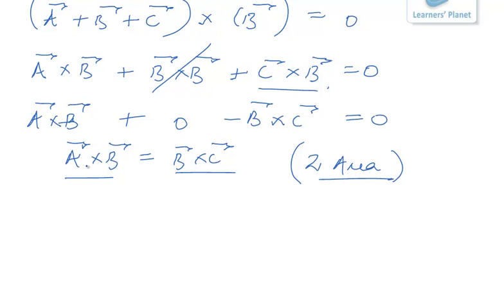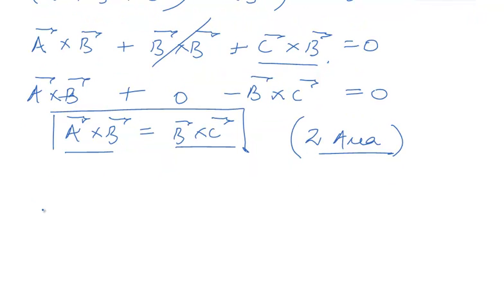This is also quite common sense, because you take any two sides of the triangle, either AB or BC or CA, the area is going to be the same. So this we could have written directly from the knowledge that area is half of A cross B, or half of B cross C, or half of C cross A. But this we proved using some mathematical knowledge.